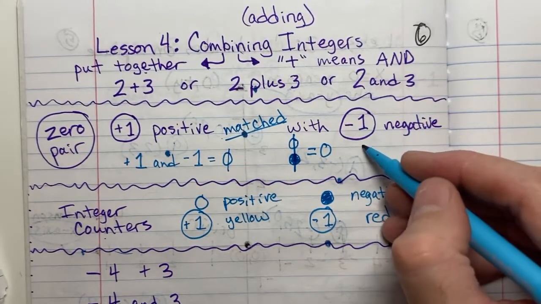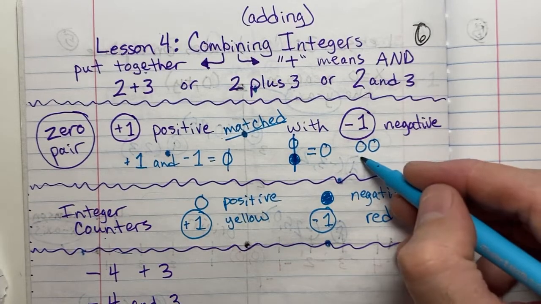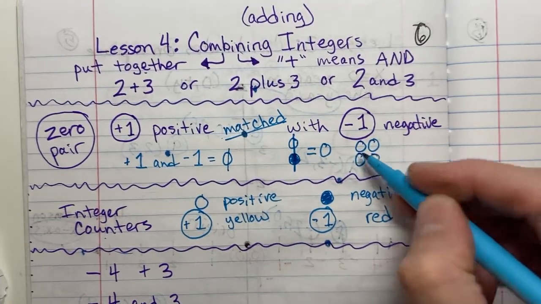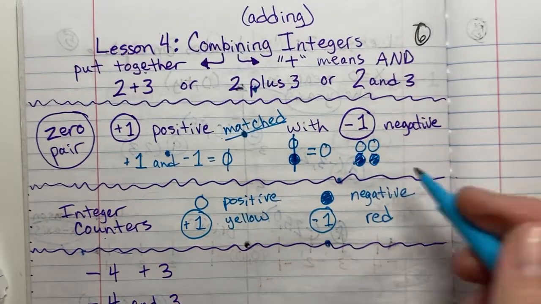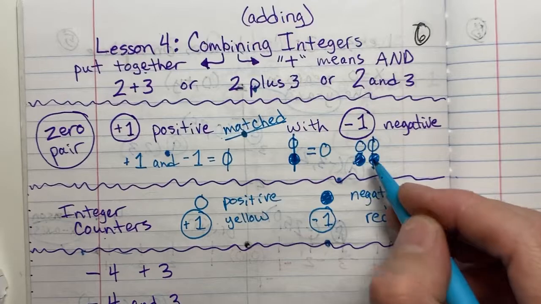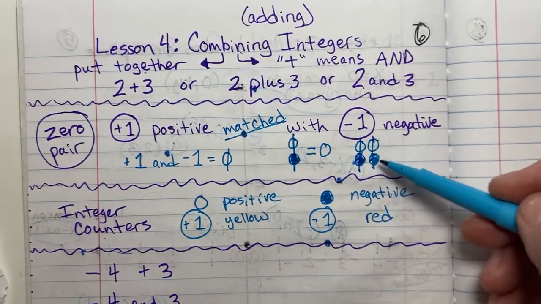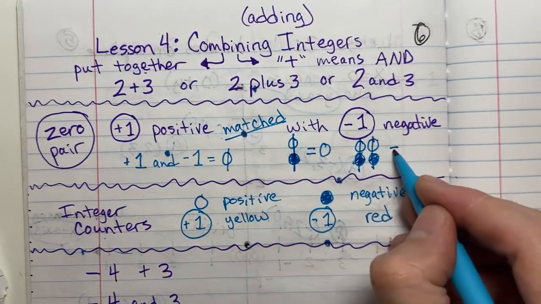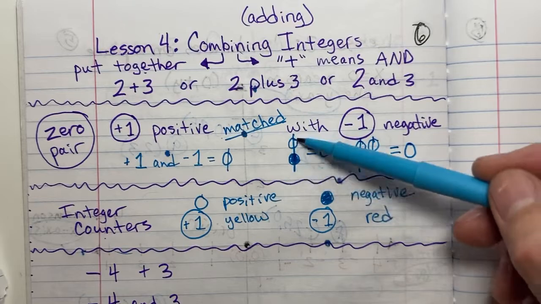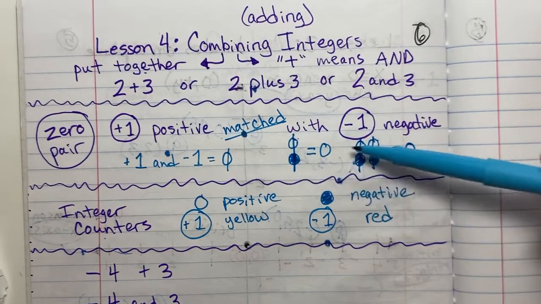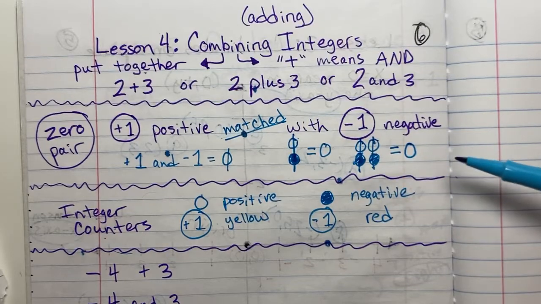For example, if you had 2 positives and 2 negatives, which would be shaded, and you match them up as well, that would also give you 0. So this is 1 zero pair matched up. This is 2 zero pairs matched up.